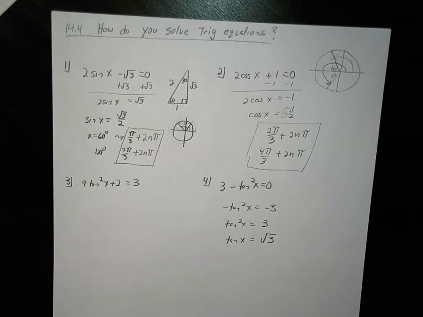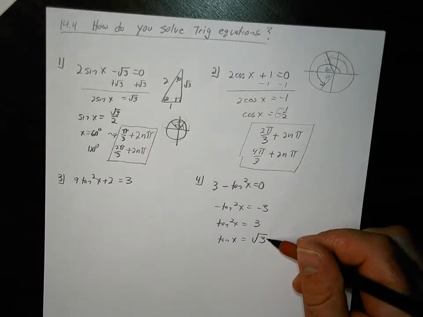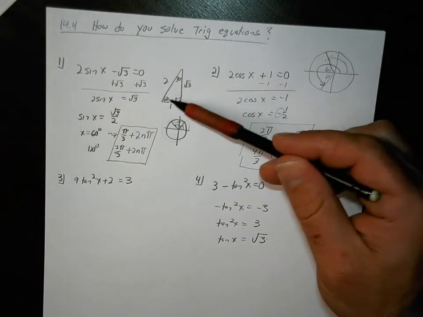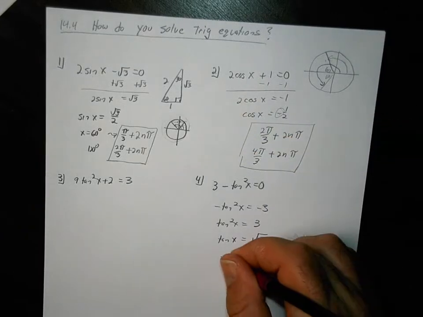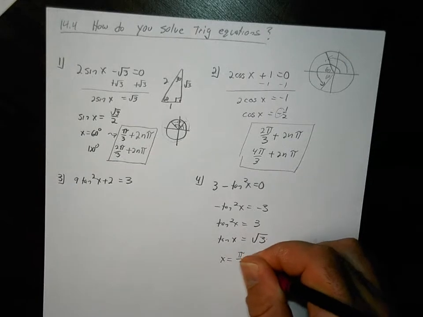And then from there, what angle gives me a tangent that's the square root of 3? Well, I should have done a different example, because again, it's going to be that 60-degree angle, I think. Square root of 3 over 1. So it's going to be 60 degrees, or pi over 3.